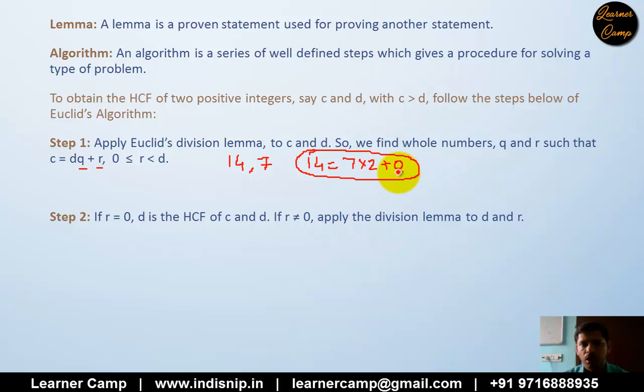Now you can see here r, the remainder, is equal to 0. So as per the step, if r is equal to 0, then d is the HCF. What is d? d is 7. So the HCF of these two integers will be equal to 7. This is Euclid's division lemma in the first step that is used to find the HCF of two integers.